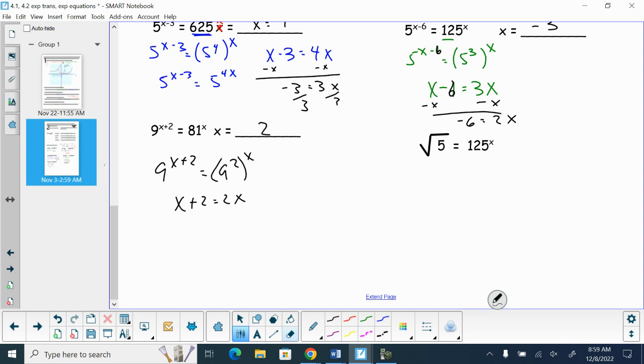Solve the last one. How do you deal with a square root? What exponent do we have with a square root?